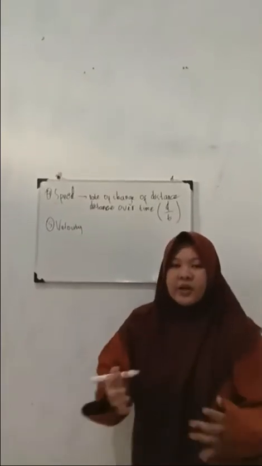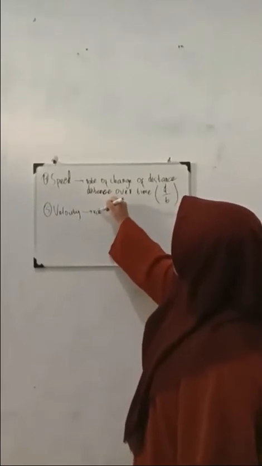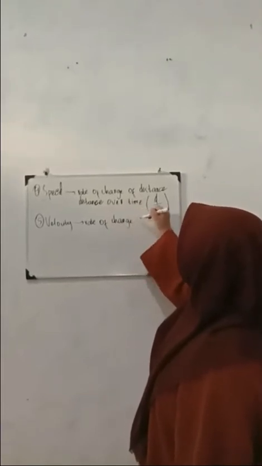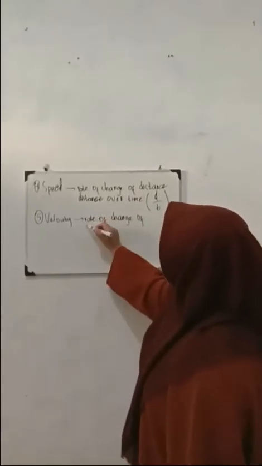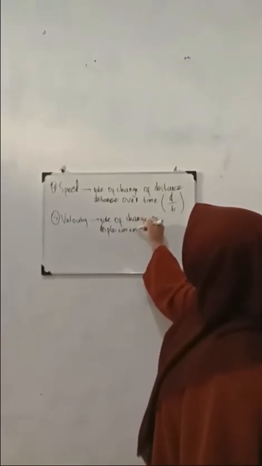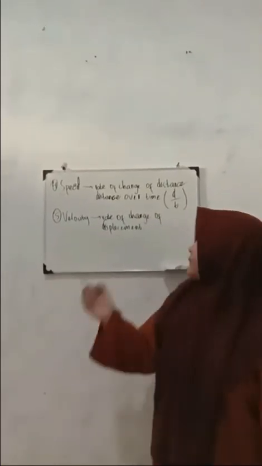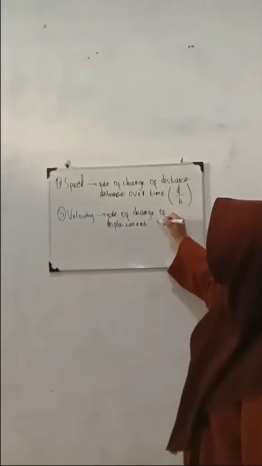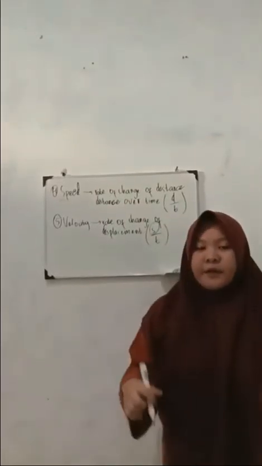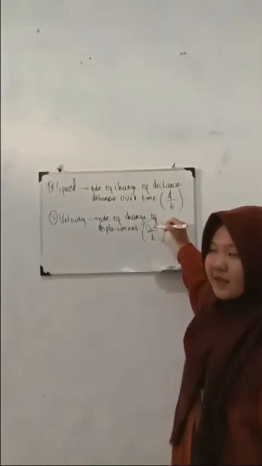Velocity is the rate of change of displacement. And the formula for velocity is V equals S, represented by the displacement, over time.